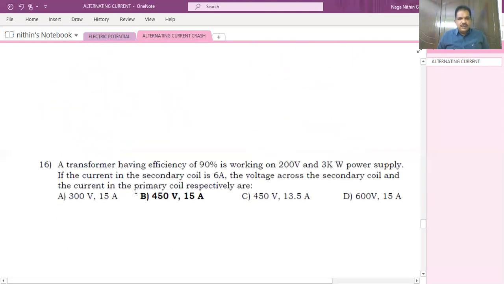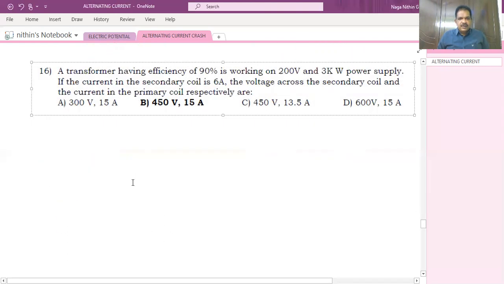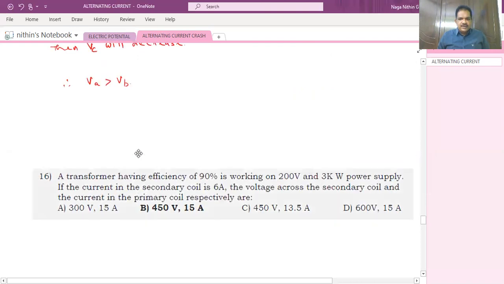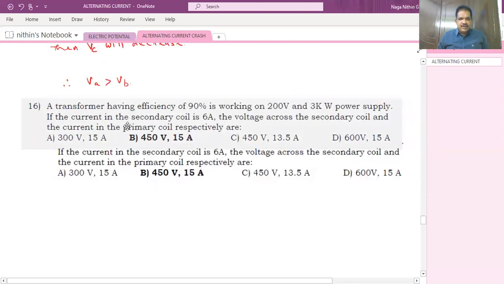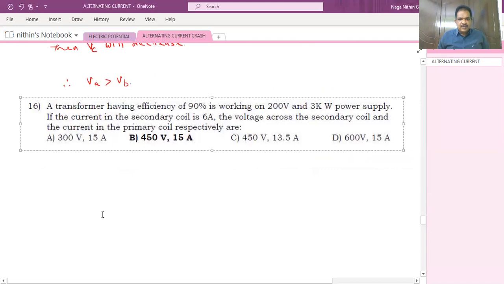Okay, see the next question. Transformer is having efficiency 90%. Input power, input voltage is given. Secondary coil current is given. So what are the given values you see?